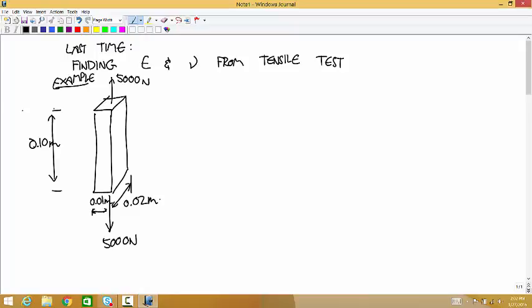And after the deformation, once it's loaded, you measure the following values. I'll call this one capital L, this one capital W, and this one capital D, depth.